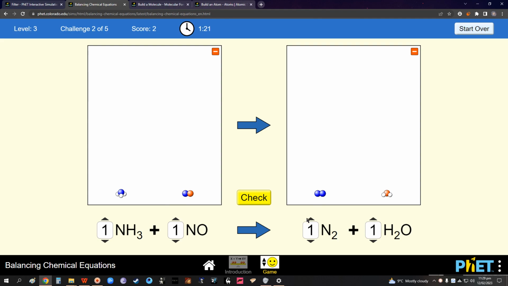So nitrogen, we got 2 nitrogens, 1 oxygen, 2, but hydrogen is not balanced. So we're going to have this to balance hydrogen, 6 hydrogen, 6 hydrogen over here. Now we have 3 nitrogen, that's kind of odd. So we're going to have 3 of these, 1, 2, and 3 oxygens, right?